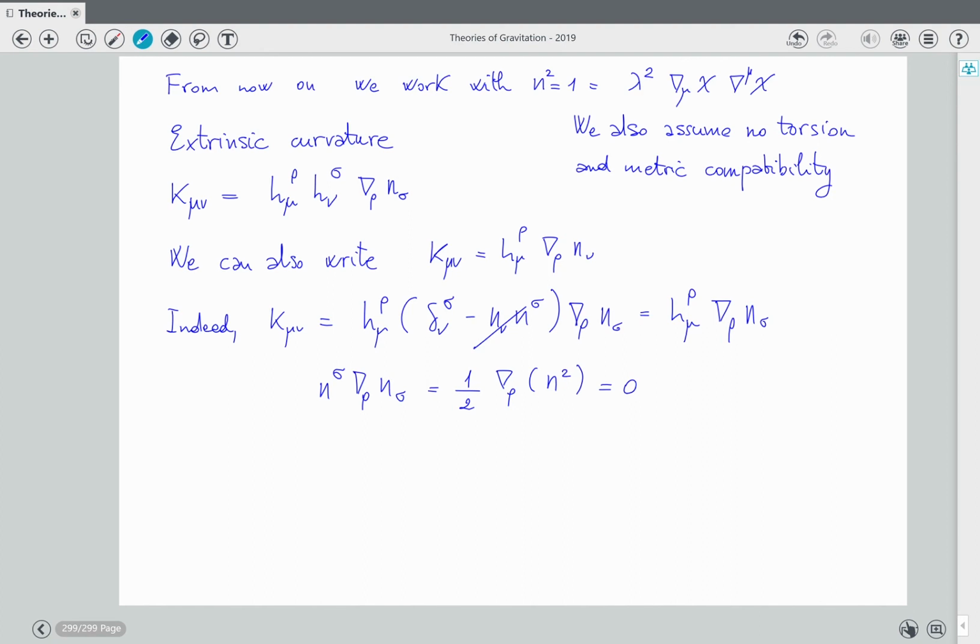Okay, that's the first thing. The second thing is to prove that the curvature is symmetric, which is not so obvious.